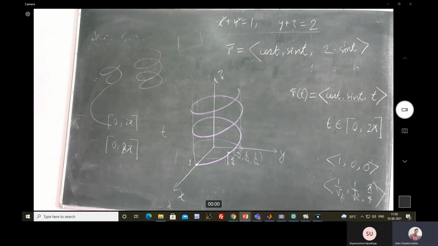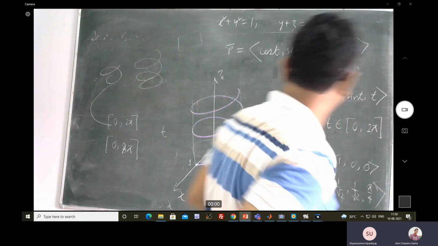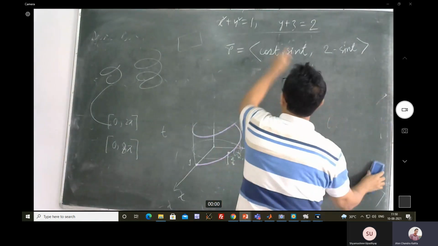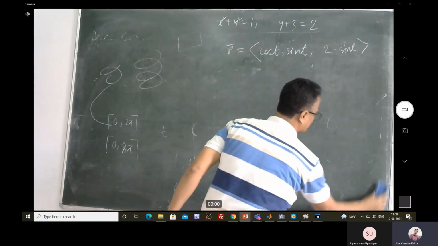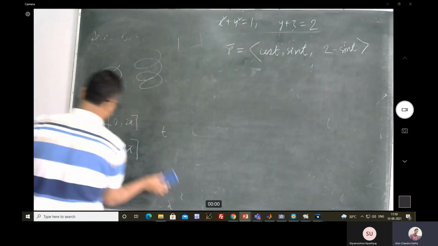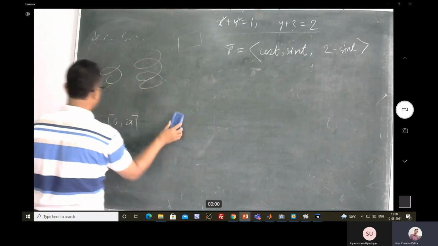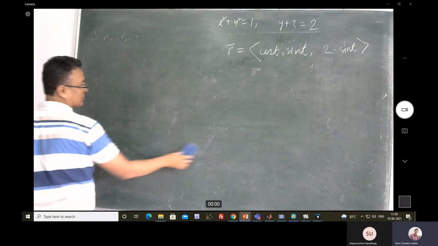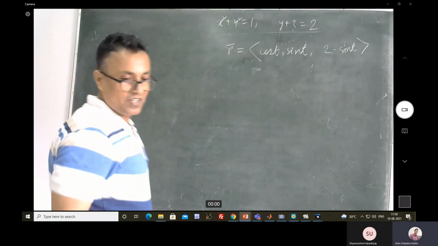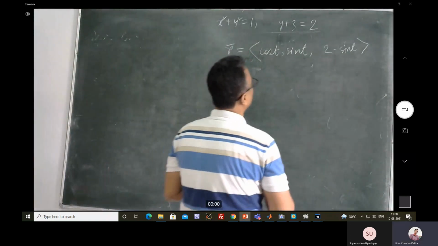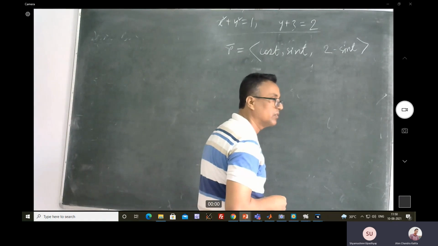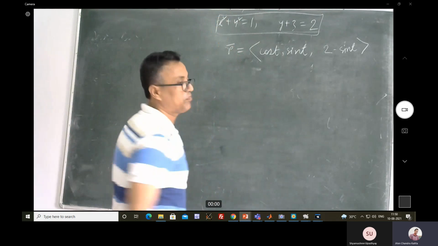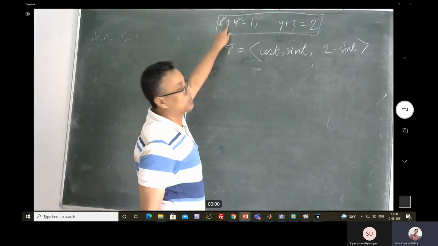Okay. So now, again, let me have a close look at this. What is missing from here? I have parameterized it, but something I still haven't told. What is that? Can you tell me? I still haven't told the question. What I have done is parameterize this curve given by this one.